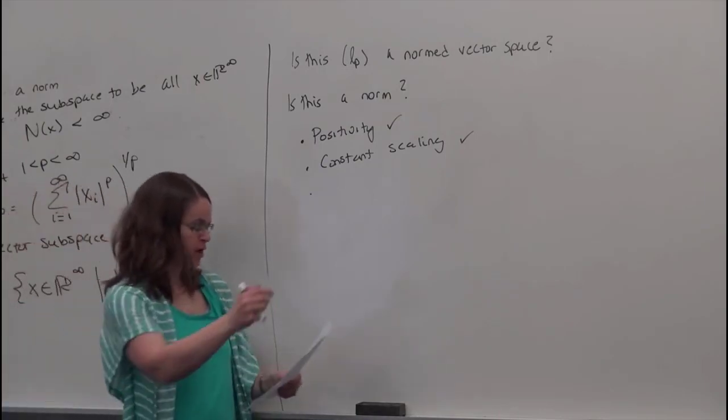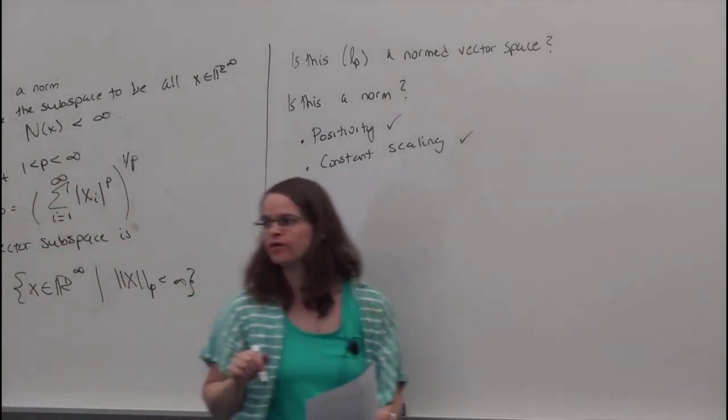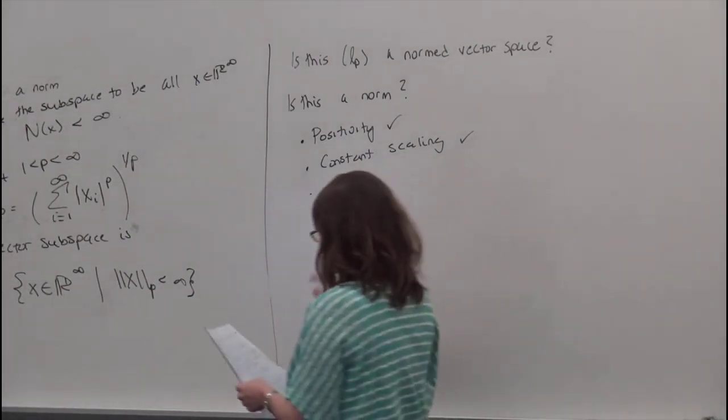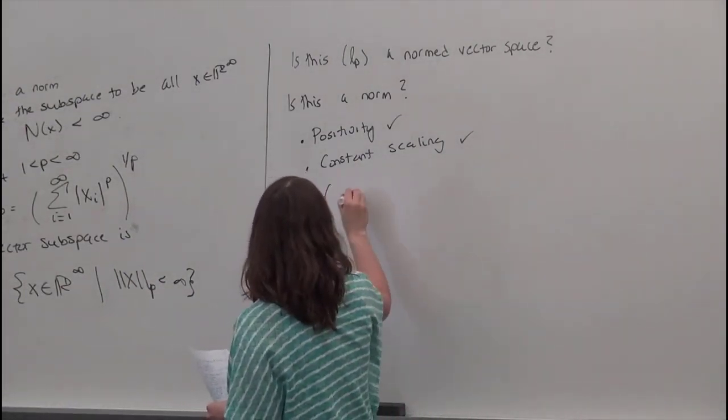So this was our Minkowski's inequality that I wrote down, and for now you're believing me that it's true, or else you're doubting me and don't believe any of this. Either way is fine, you can check it later.